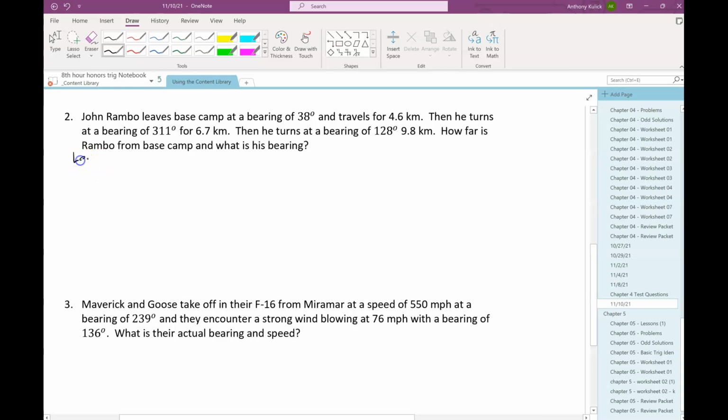So the first leg, our bearing is 38 degrees. So that's that. So the standard form angle is going to be this one. So 52 degrees.